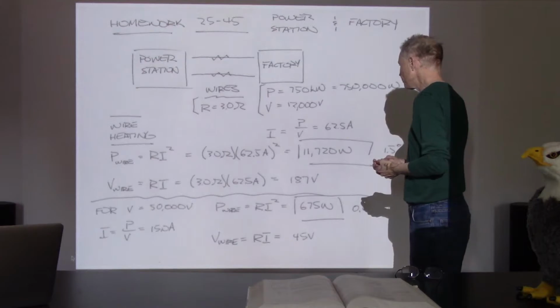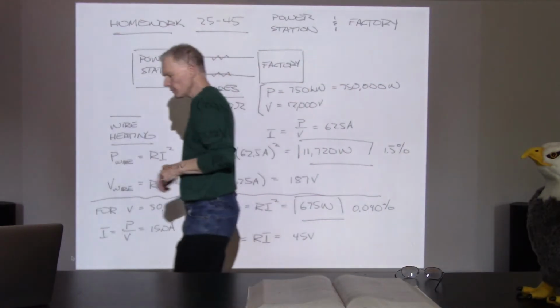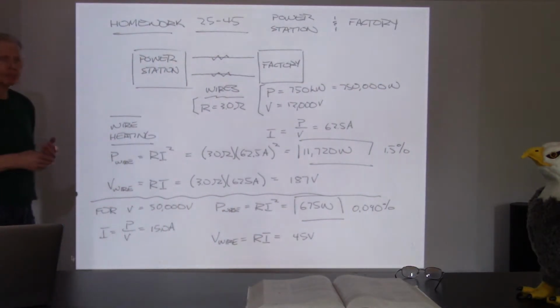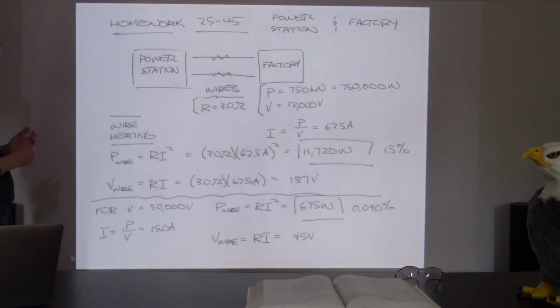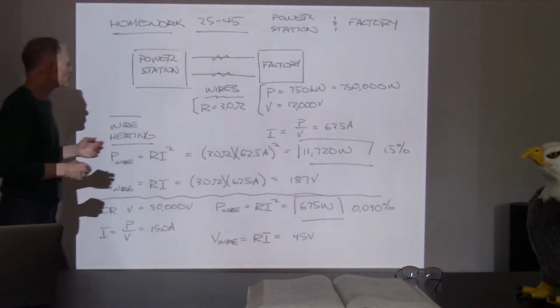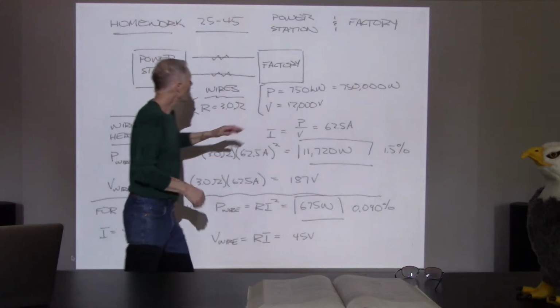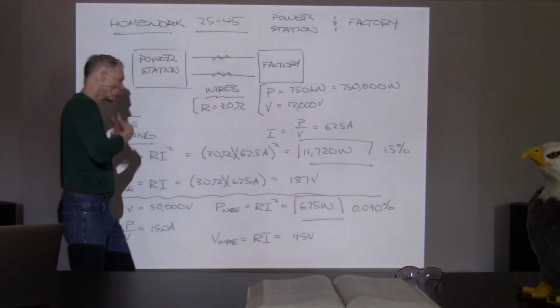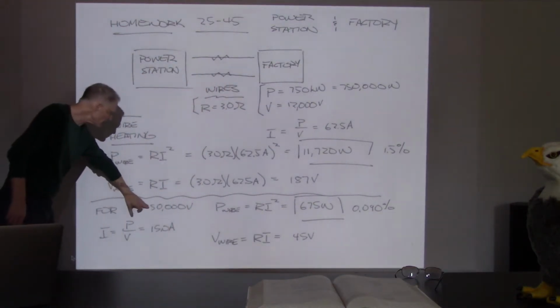All right, the later part of the problem, what they ask us to do is to increase the voltage. Instead of 12,000 volts, would we be doing even better at 50,000 volts?